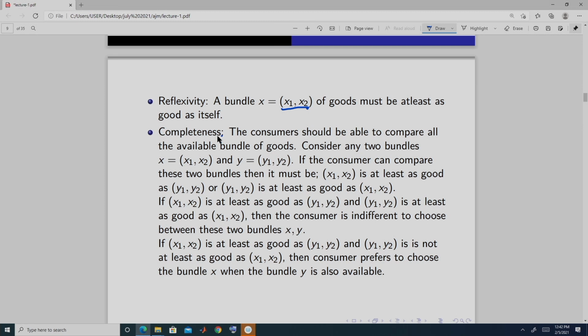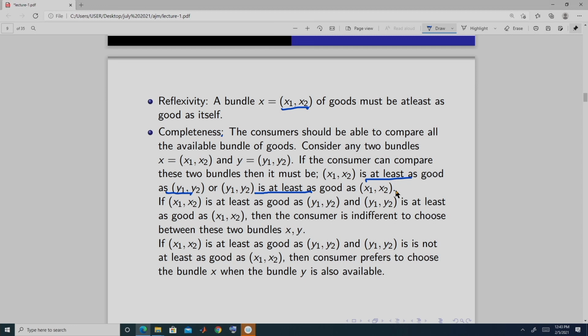Next thing is completeness. Completeness says that we are given a set of bundles, and from that we pick any two bundles, suppose one is x and another is y. Now the consumer should be able to compare them, that is, x should be at least as good as y, or y should be at least as good as x, right?